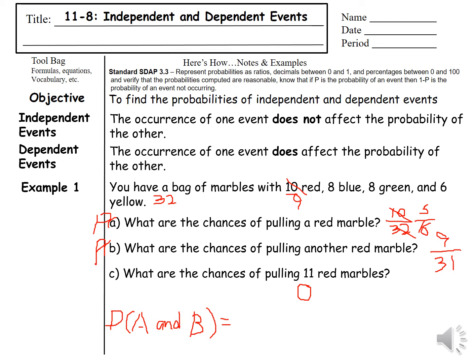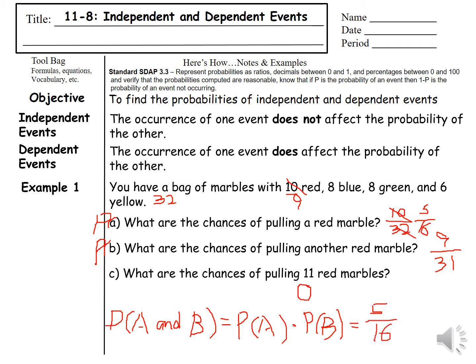Do you remember we learned in class that P(A and B) equals P(A), the probability of event A, times P(B). The probability of event A we already have, which equals 5/16.